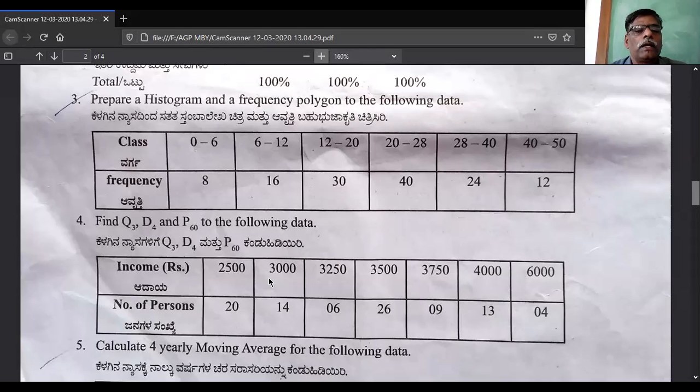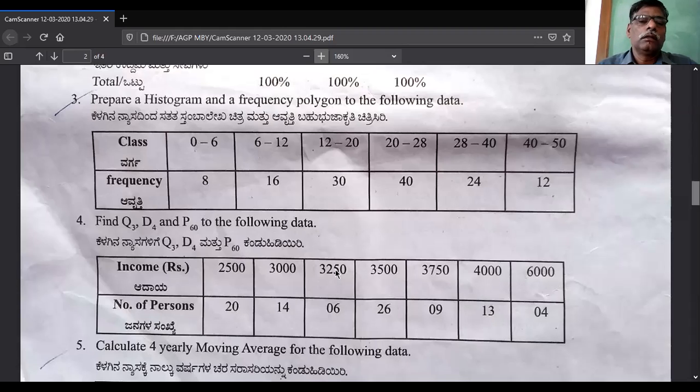Income is 2,500, 3,000, 3,250, 3,500, 3,750, 4,000, 6,000. And the number of persons: 20 persons are having 2,500 income, and 14 persons are having 3,000 income. 6 persons are having 3,250. 26 persons are having 3,500. 9 persons are having 3,750, and 13 persons are having 4,000 income, and 4 persons are having 6,000 income.